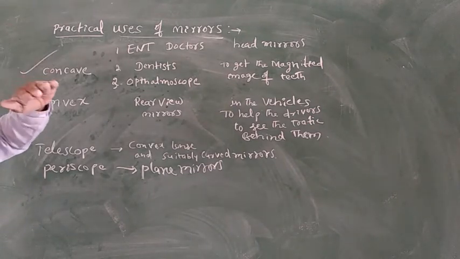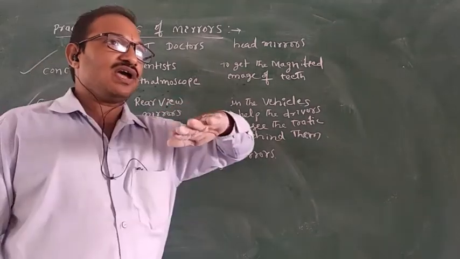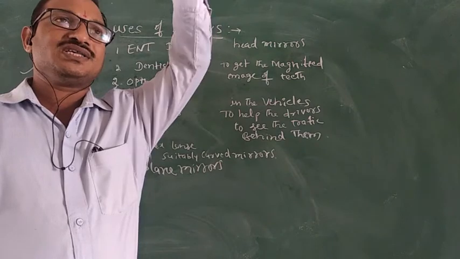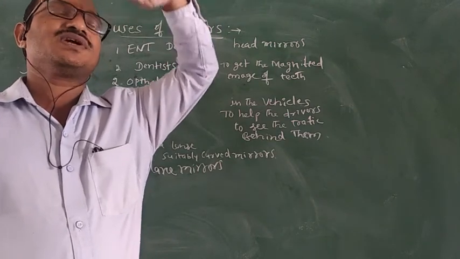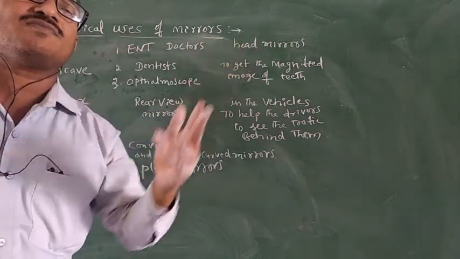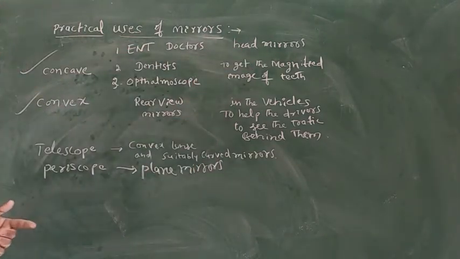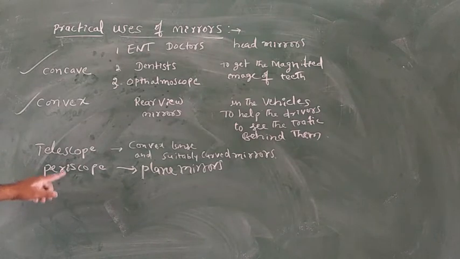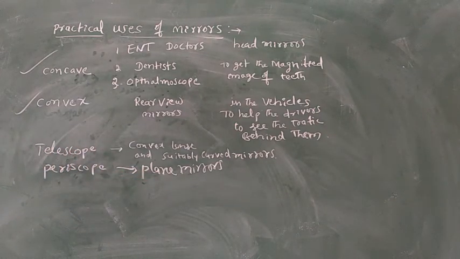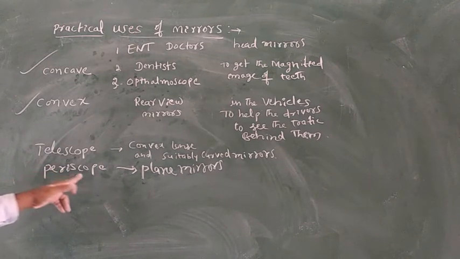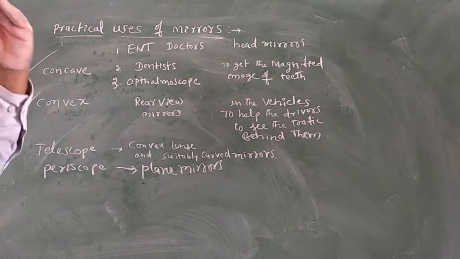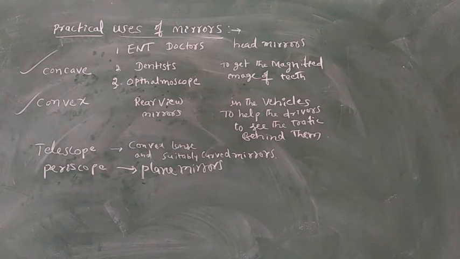With the help of a periscope we can see overhead objects, meaning objects above your head, at more height. In the periscope, plane mirrors are used. With the help of a periscope we can see elevated objects, right?